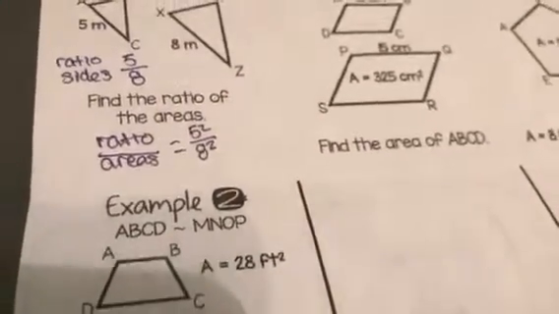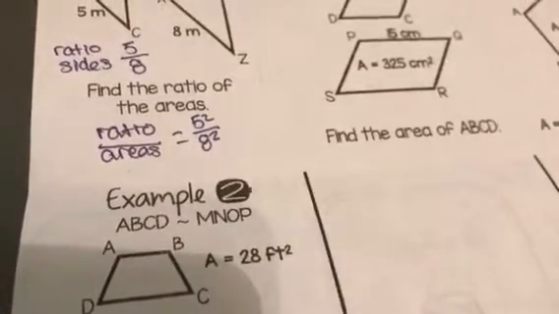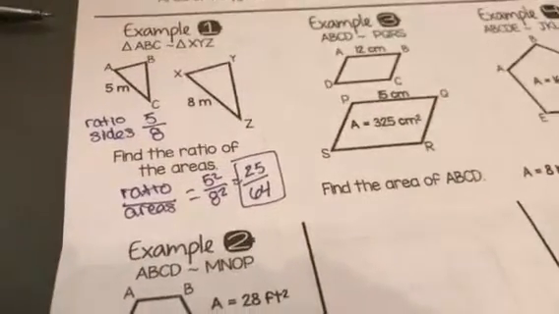And you should know 5 squared is 25, 8 squared is 64. So 25 over 64. And literally, that's it. Okay? That is all you do. Once again, you can pause if I'm going too fast.